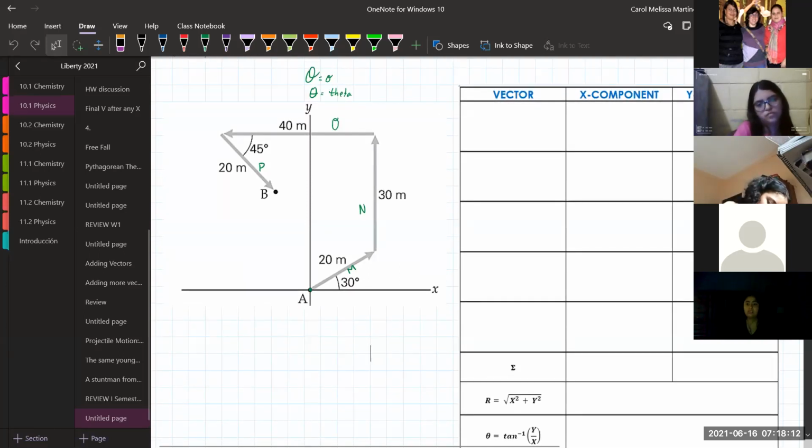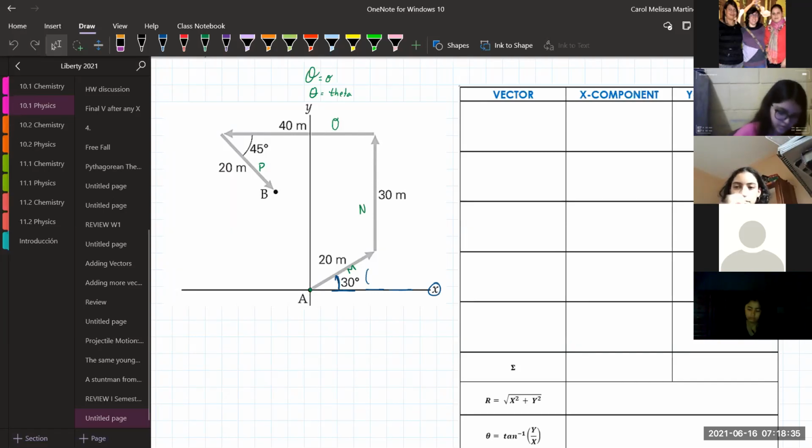Horizontal angles are the angles that are measured from the x-axis. For example, this angle 30 is being measured from the x-axis, because this is the x-axis. So I could say that this angle is a horizontal angle.